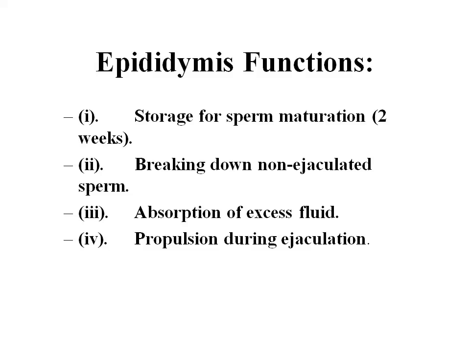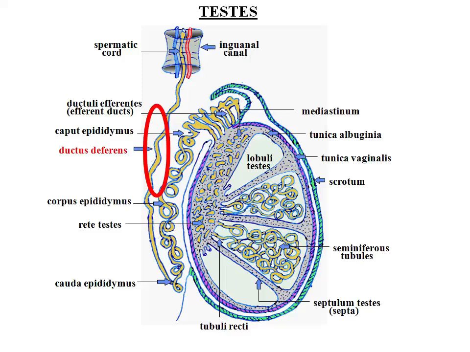It also absorbs excess fluid secreted by the seminiferous tubules, and provides propulsion during ejaculation. The smooth muscles and ciliated epithelium help propel these mature sperms towards the ejaculatory duct, into the duct system for expelling out.